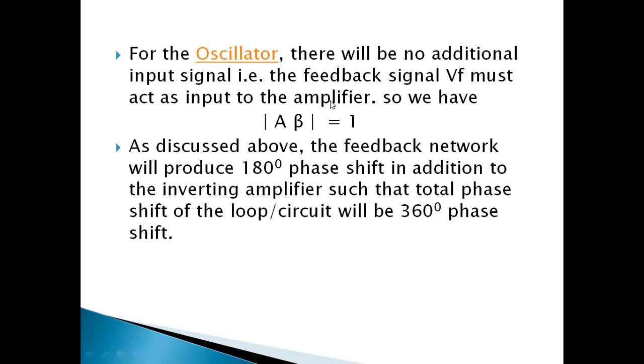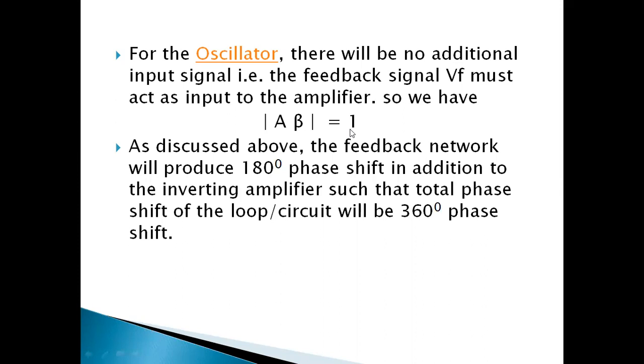As we discussed above, the feedback network will produce 180 degrees phase shift, and the inverting amplifier produces 180 degrees phase shift, and the total loop will have 360 degrees phase shift. That means the oscillator circuit produces 360 degrees phase shift, and the product of A and beta must be equal to 1.